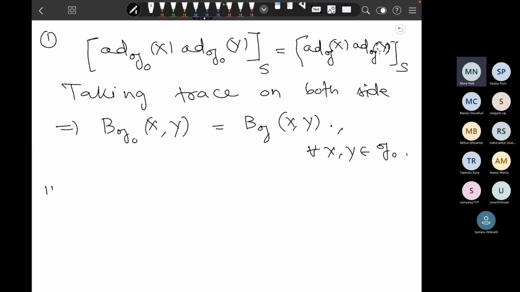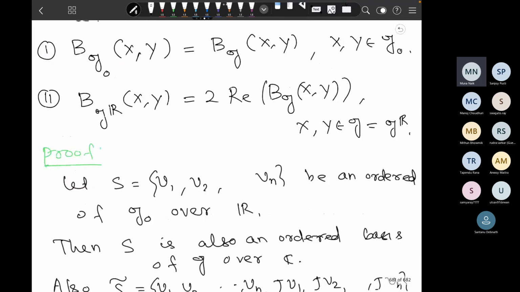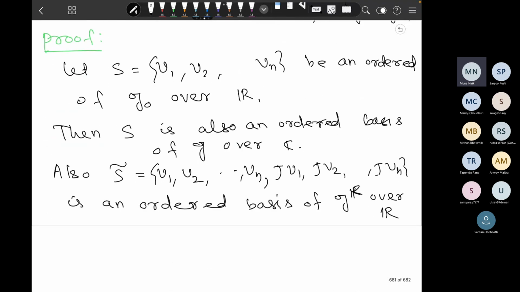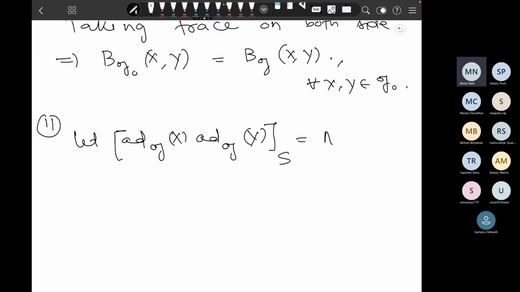Now the second thing. Let ad G X ad G Y with respect to S be equal to A plus iB, where A, B belong to M_n(R).